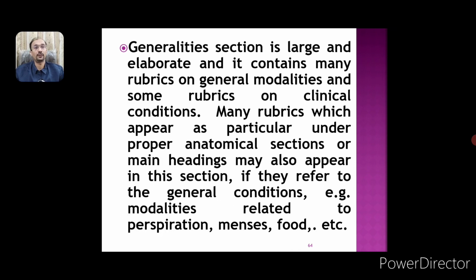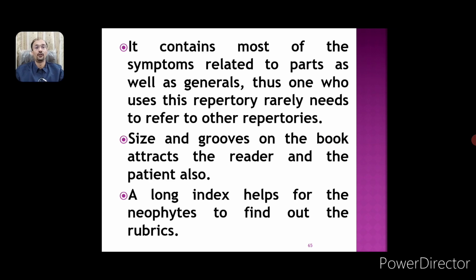The generality section is large, elaborately containing many rubrics on general modalities, some rubrics on clinical conditions, and many rubrics which appear as particulars under proper anatomical sections. Main heading may also appear in this section. Another thing, I am going to give you some examples of special chapters. You are going to find the rubrics of aversion, desires, thirst in the chapter stomach.